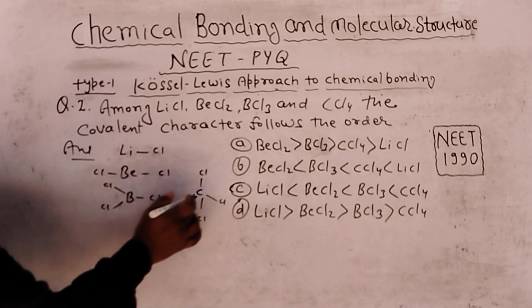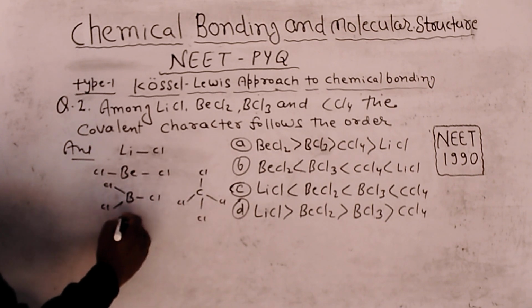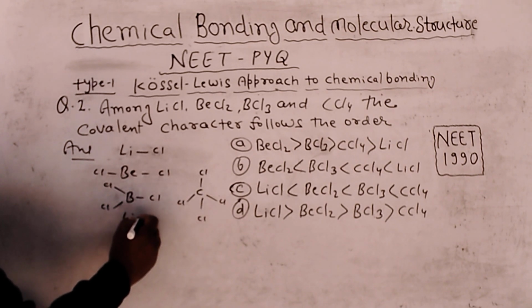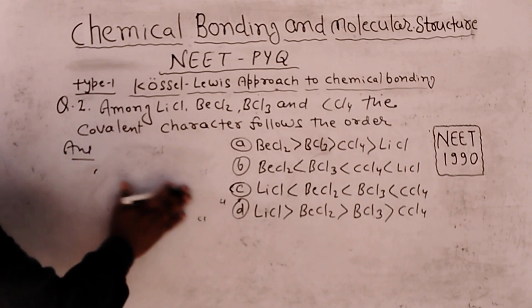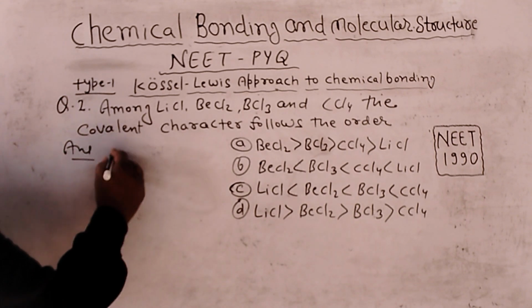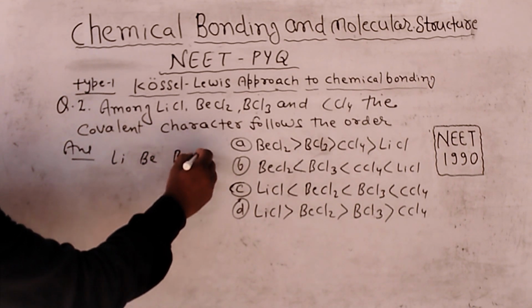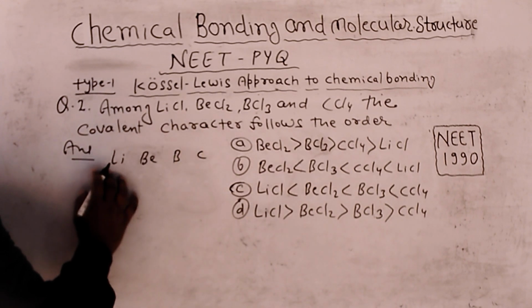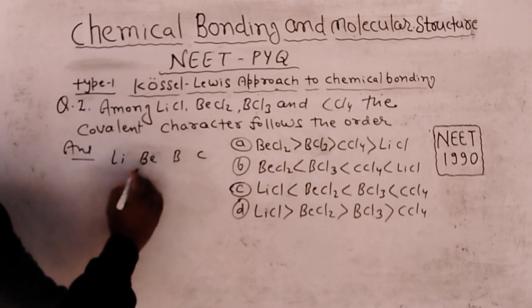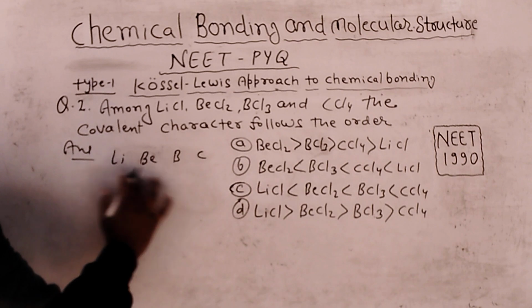And the order of atomic size: lithium, beryllium, boron, carbon. These are all in the same period.